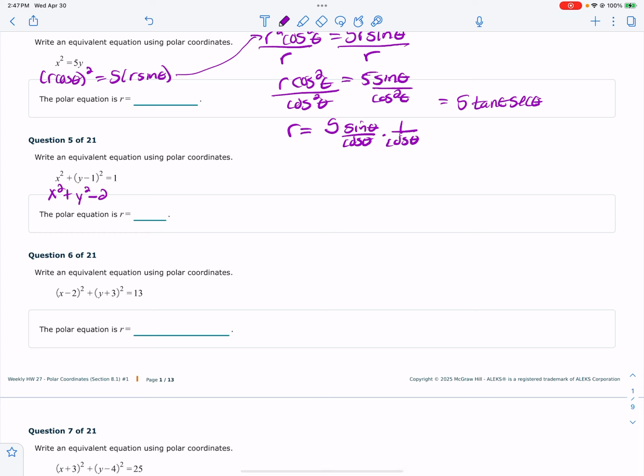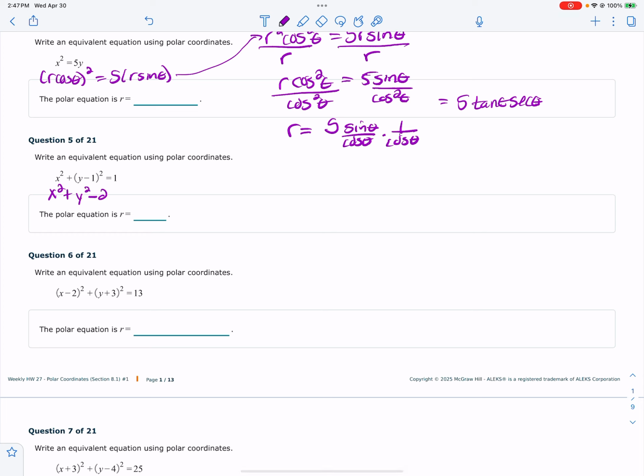Okay, so if I FOIL this, it would be r squared cosine squared minus 2r cosine minus 2r cosine, so minus 4r cosine. And then negative 2 times negative 2 would be plus 4. Do the same on the other side: r squared sine squared plus 6r sine plus 9 equals 13.